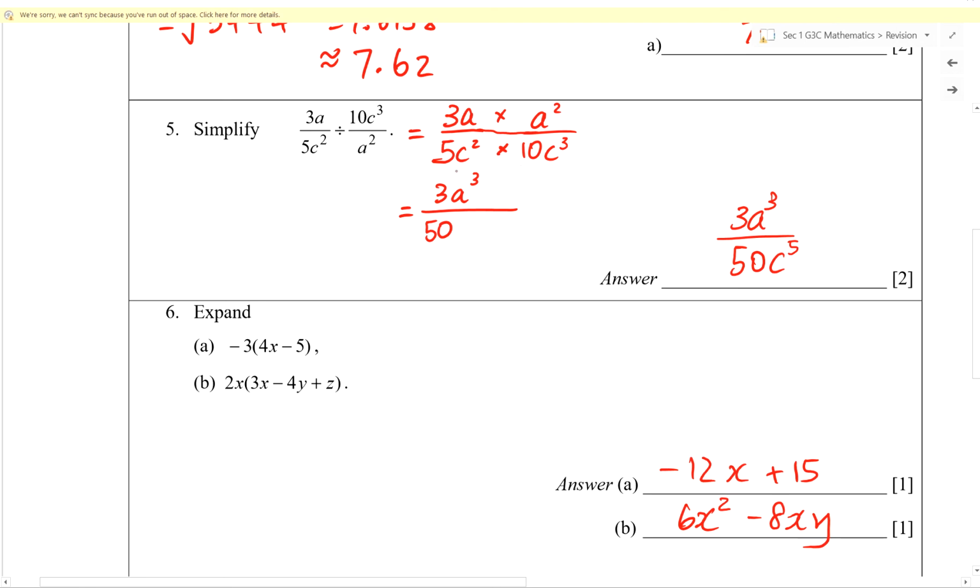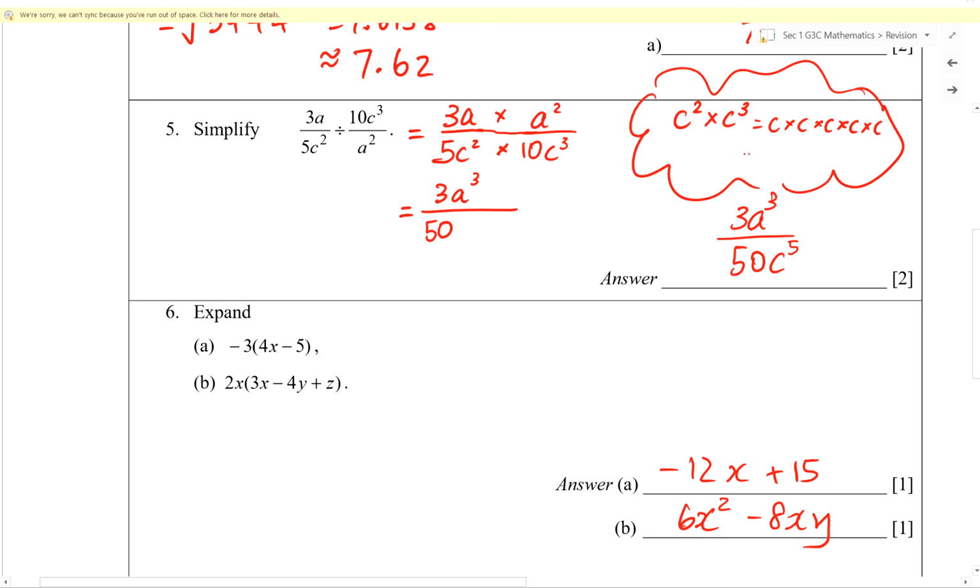So C squared times C cubed. Actually this means C times C, that's our C squared. Then C times C times C. How many are there altogether? 5. So C power 5. So actually you see that we don't really need to expand everything out. There's a shortcut, right? What can we do to get a 5 straight away? Okay, you add 2 plus 3. C power 5. So 3A cubed over 50 C power 5.